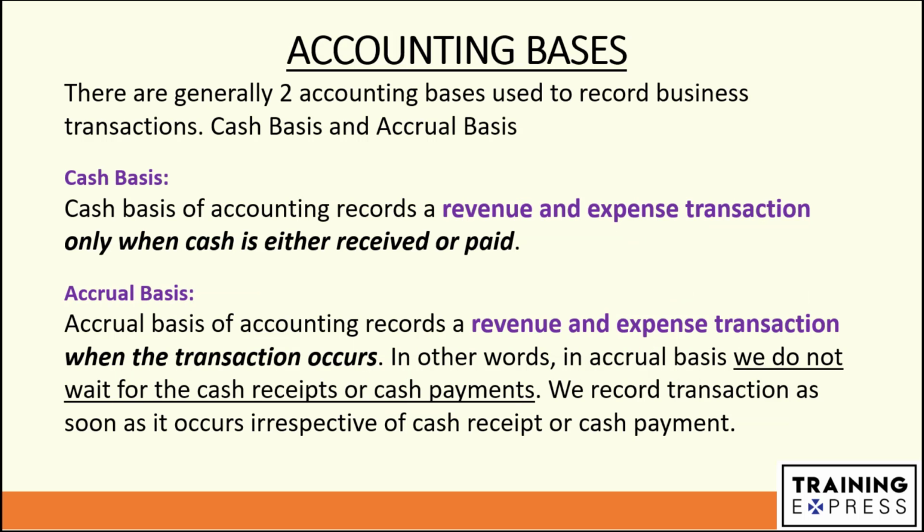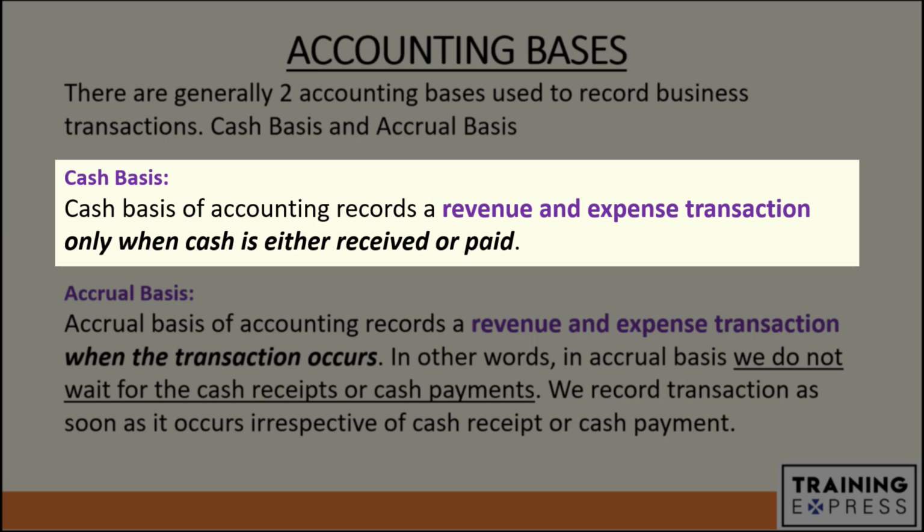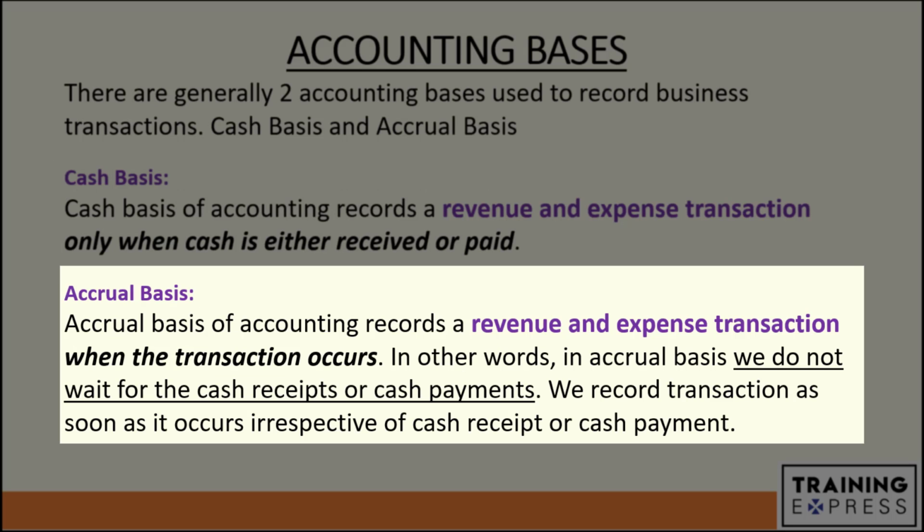Let's look at accounting basis. There are generally two accounting bases used to record business transactions: cash basis and accrual basis. Let's look at cash basis first. Cash basis of accounting records a revenue and expense transaction only when cash is either received or paid. Let's look at accrual basis.